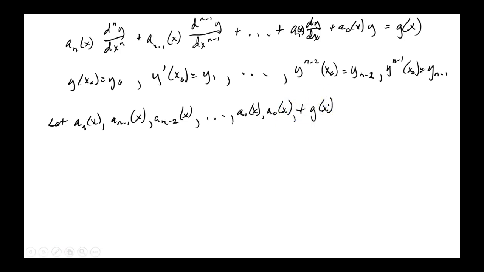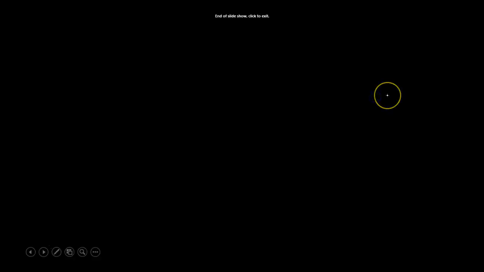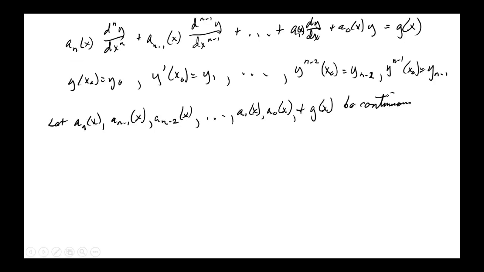So those are all those coefficient functions plus your function of x on the other side of the equality. Okay? Let all of them be continuous. Okay. Can't have any piecewise defined functions there. Okay? They all have to be continuous on an interval I. Okay?